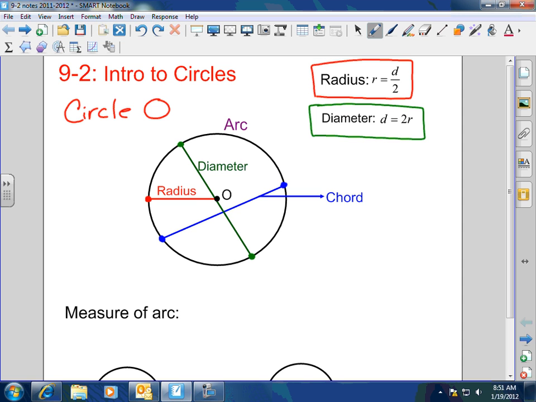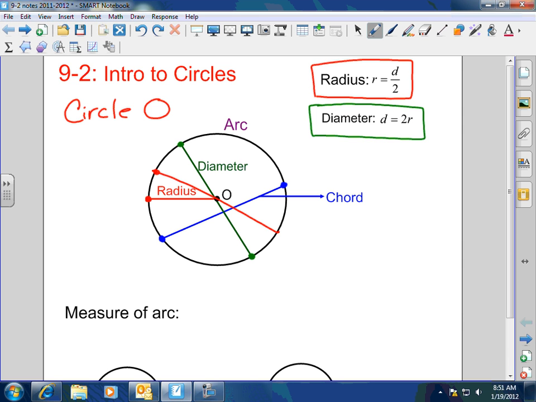Yes, sir. But what's confusing me is, you said a chord can't pass through the middle? Yes. If a chord goes through the middle, then it's called a diameter. No, a chord cannot be a diameter. A diameter can be a chord. Exactly. Guys, look.